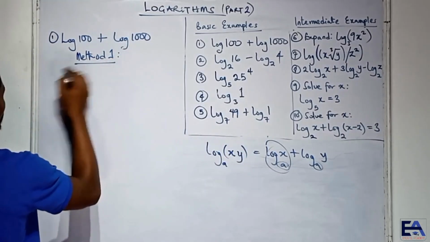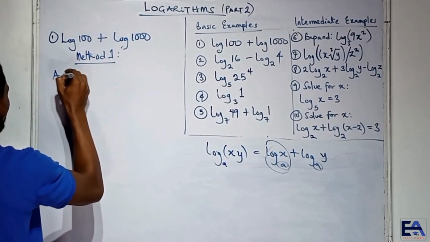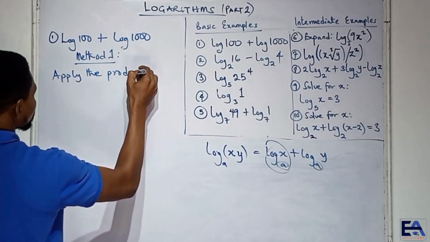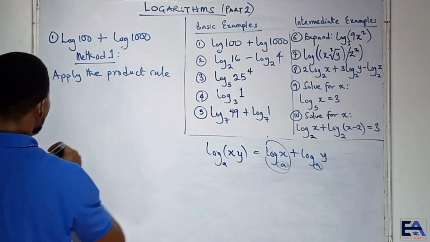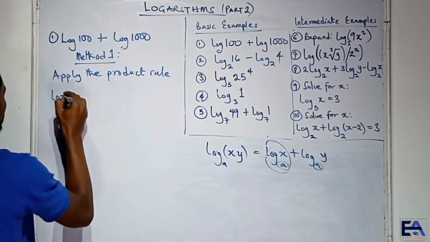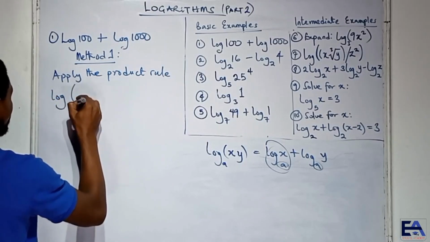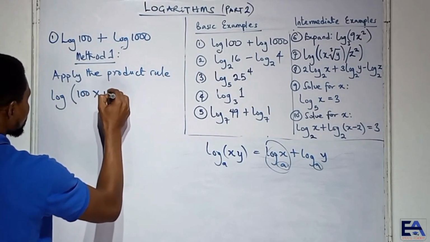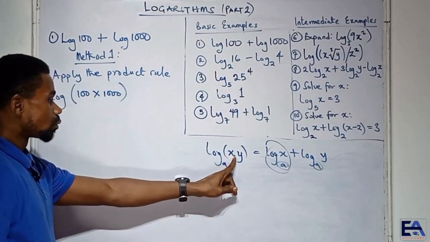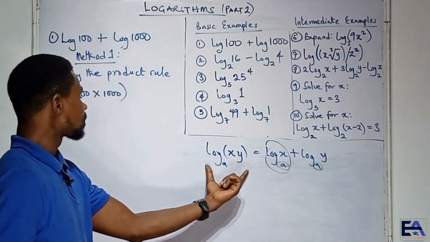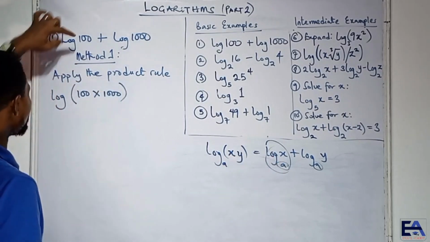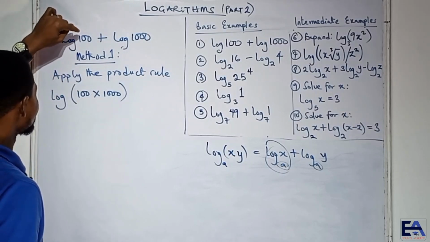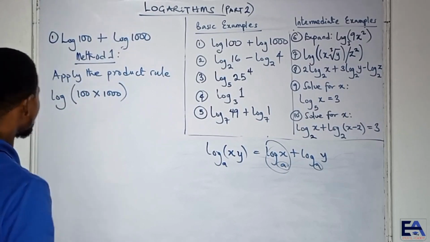So method one is to apply the product rule. We are going to have a common logarithm, and then this will be 100 multiplied by 1000. We are converting this into the product law, bringing it into a single logarithm.